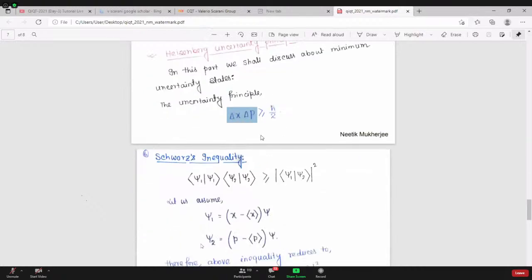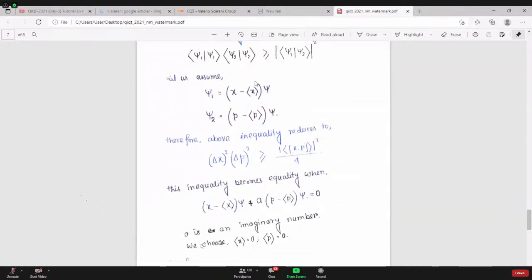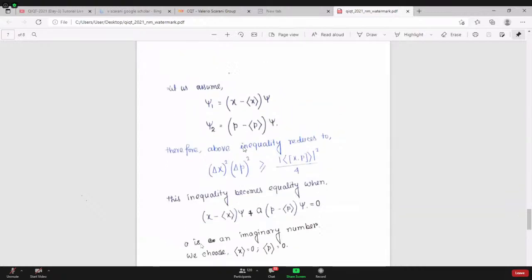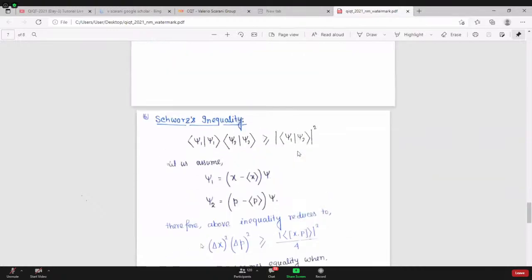So to find this form, you have to choose psi 1 of this form and psi 2 of this form. And if you choose this, then you will get this. So this was done for the sake of mathematics, in order to match this.